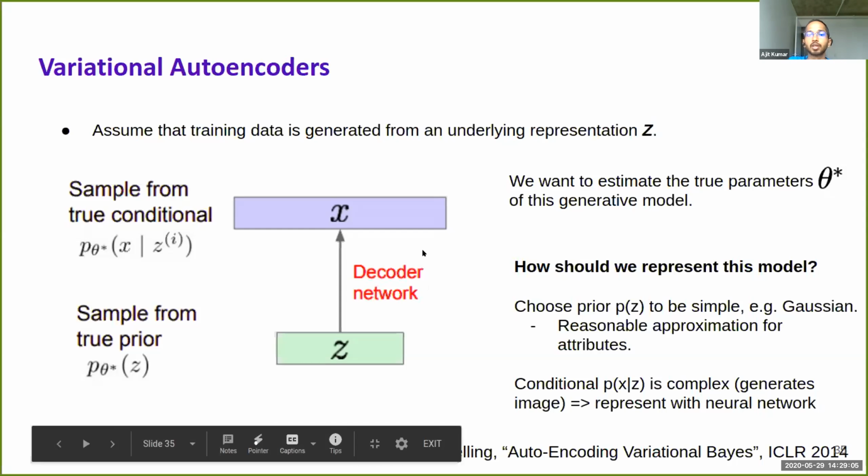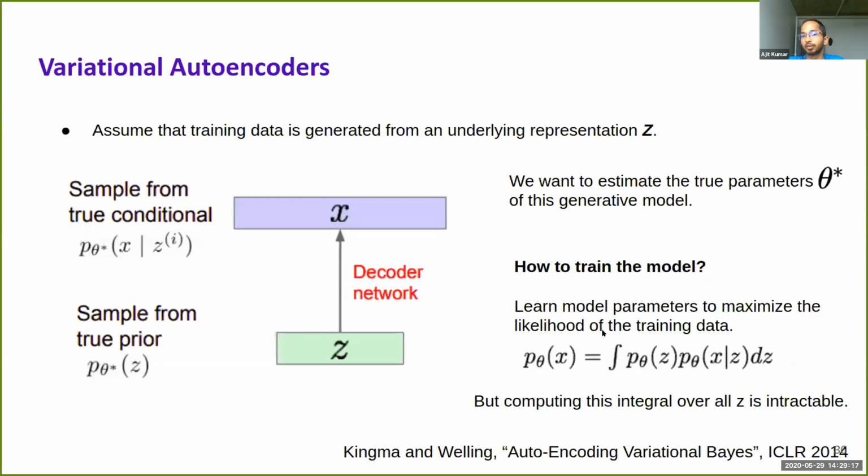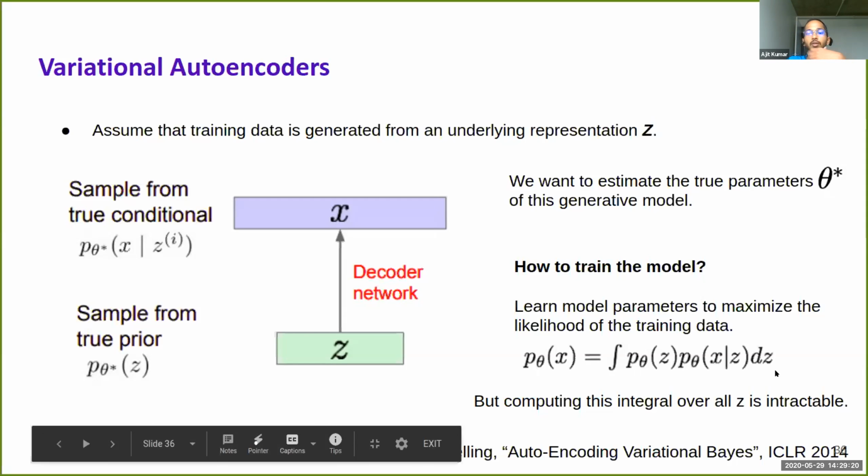And we can represent this decoder network with a neural network or a CNN. We're trying to learn this, but the overall computation of this integral is intractable over all values of Z.